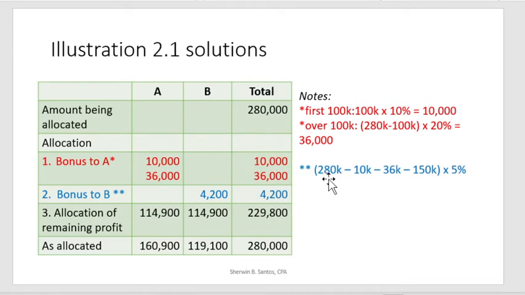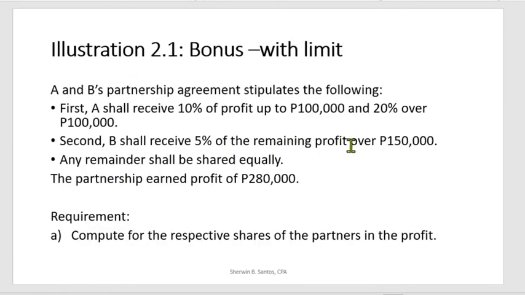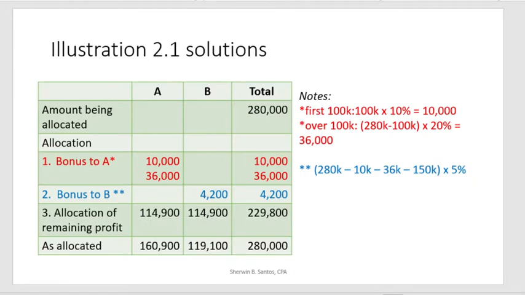So, 280 minus 10 minus 36. Of the remaining profit over 150, so yung sobra lang ng 150 ang kanyang bonus. So, minus mo pa yung 150. Yung resulting figure nun, i-multiply mo sa 5%, that is 4,200. So, yan lang ang bonus ni B.